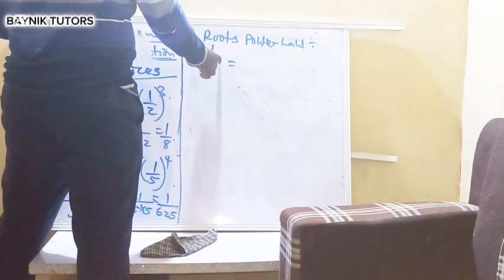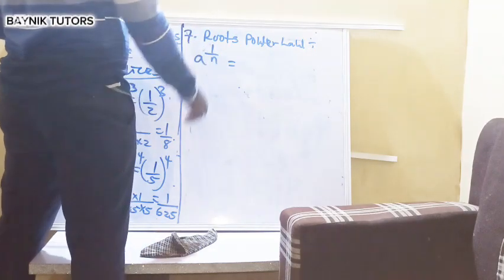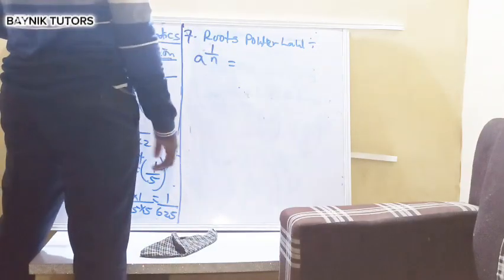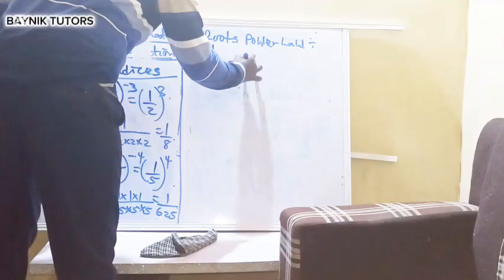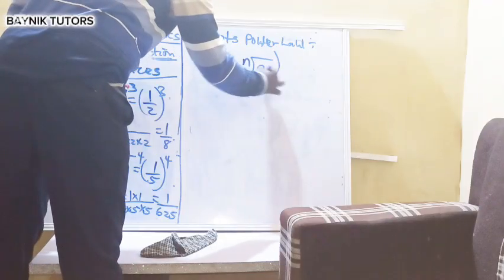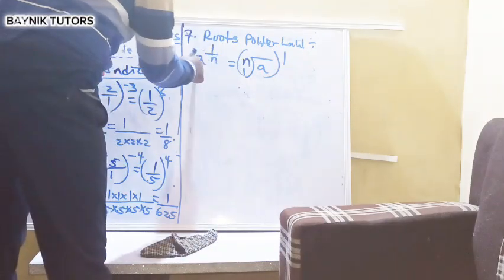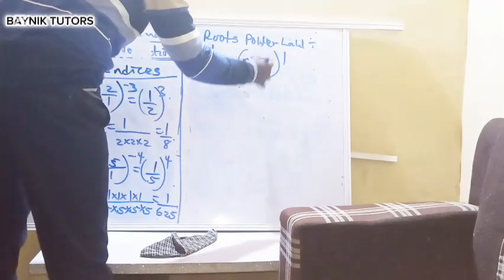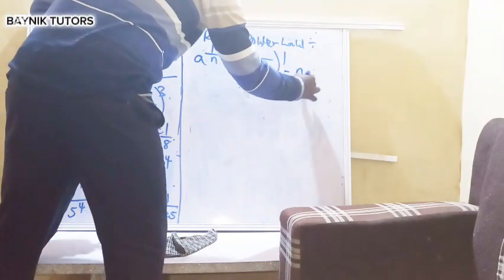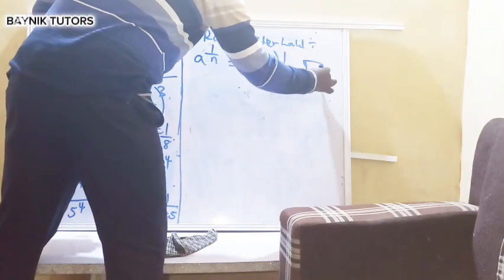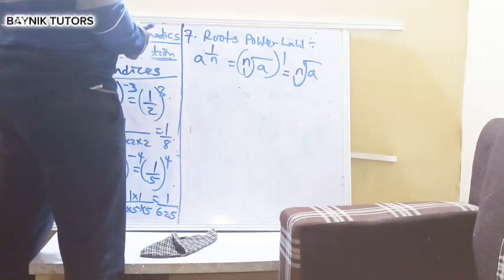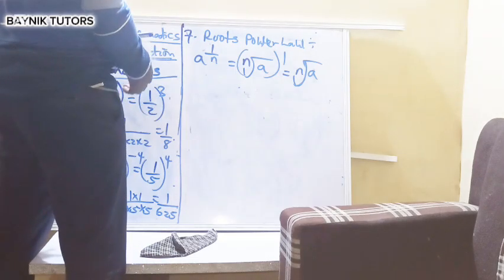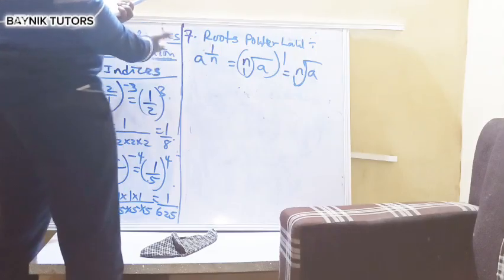The denominator of the power will be the root of the base, and the numerator will be the power of the base. So here we have n root a raised to power 1. The denominator is the root of the base, the numerator is the power of the base. So here will now be n root a, because anything raised to power 1 is still itself. That's the way the illustration is.